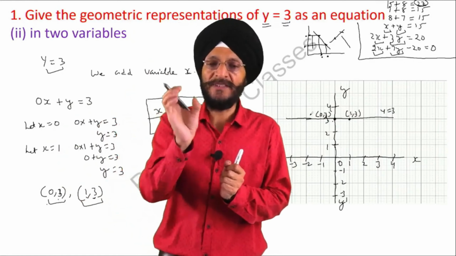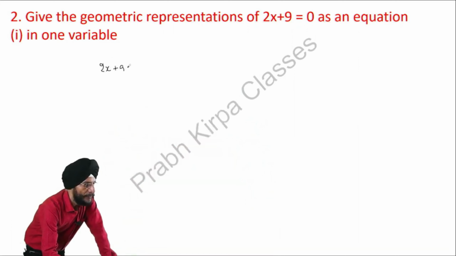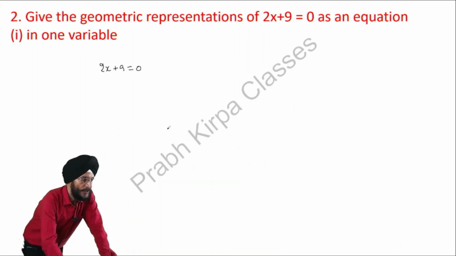Next question, give the geometric representation of 2x plus 9 is equal to 0 as an equation in one variable. This is a very simple question. Here it is given 2x plus 9 is equal to 0.